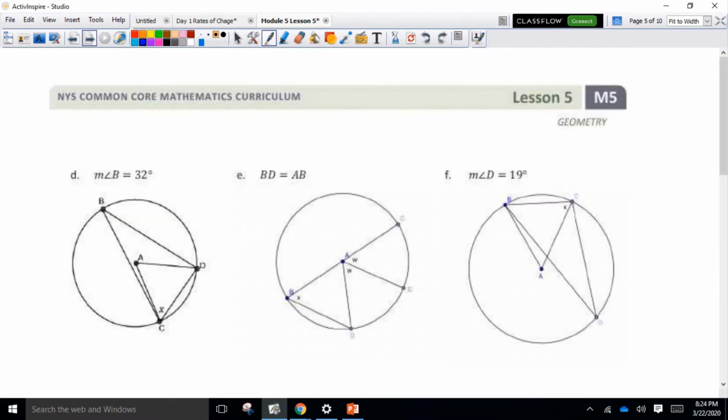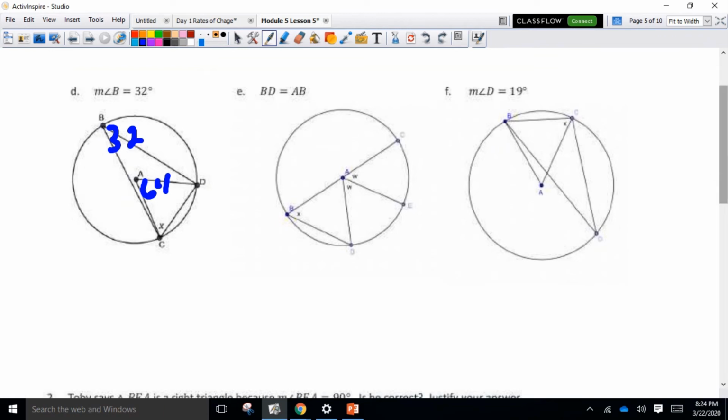Next page. Angle B is 32. So that's 32. Which means that angle A has to be 64. Okay. So now I know again that this is isosceles. So that is also X right there.